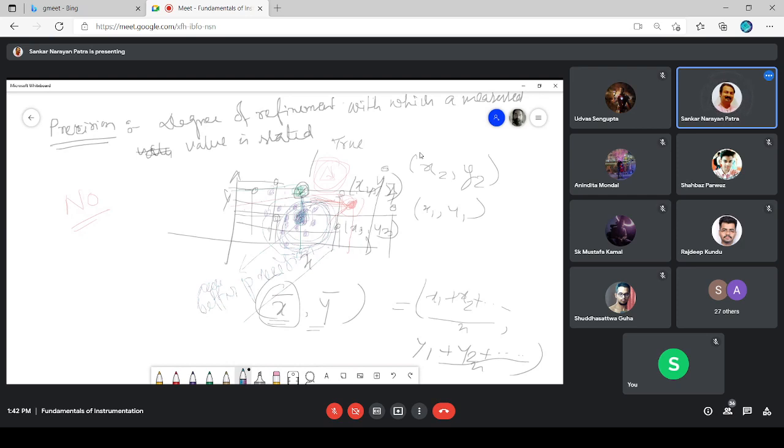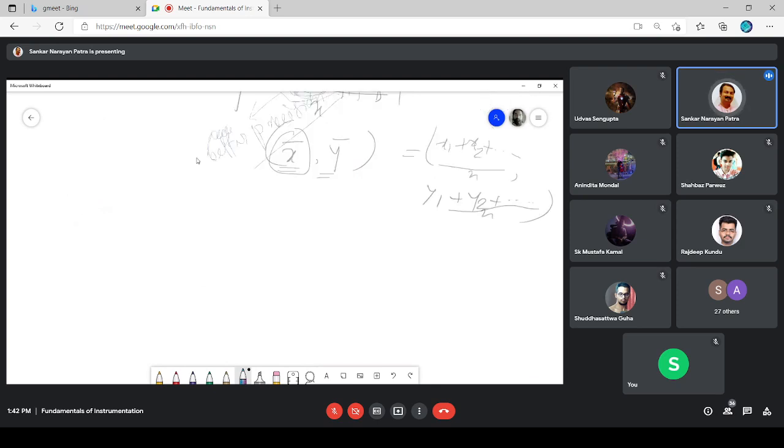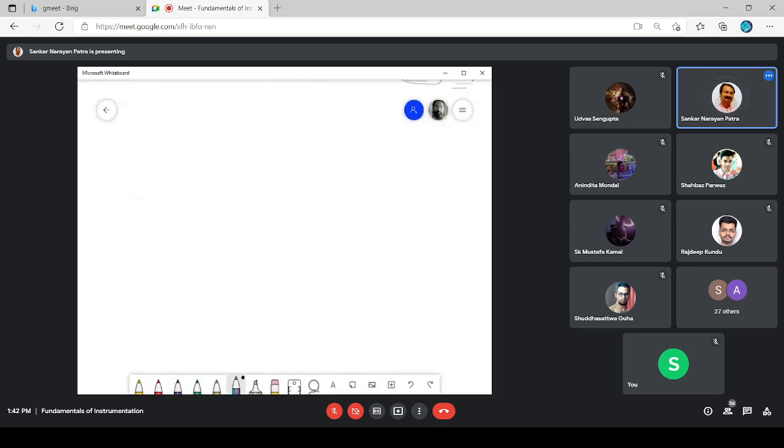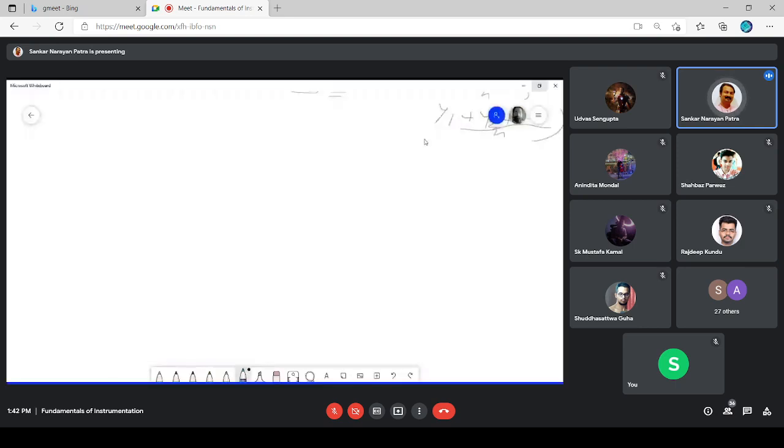So this way you can say there is a certain difference between accuracy and precision. When you read this, it is a very small thing. I spent more time explaining this than what was written in the book. To come to the next point.